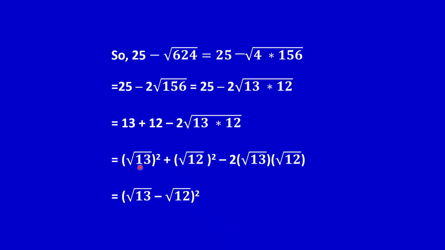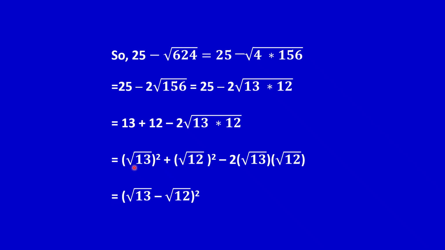So a square plus b square minus 2ab is a minus b whole square, or root 13 minus root 12 whole square. So the denominator, which was 25 minus root 624, is root 13 minus root 12 whole square.